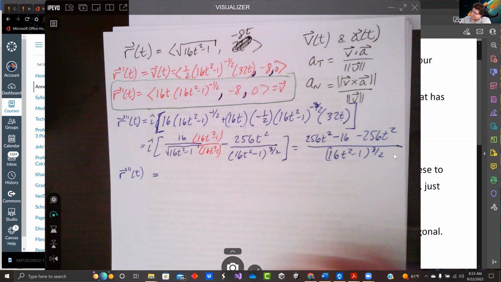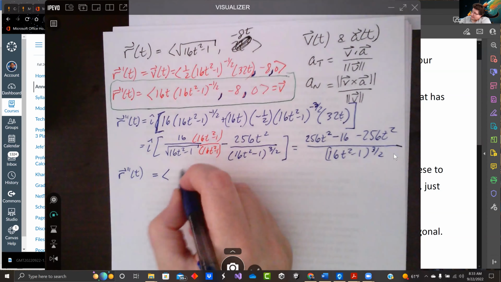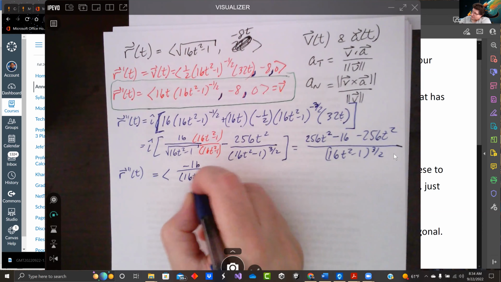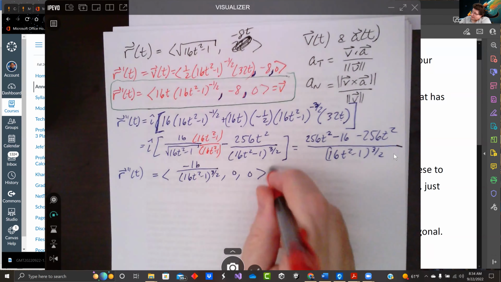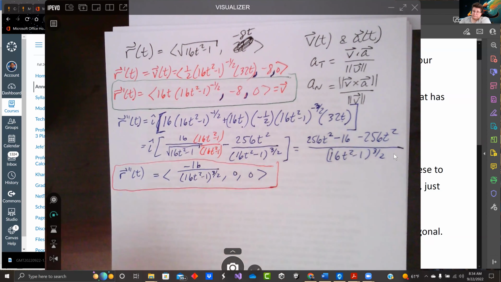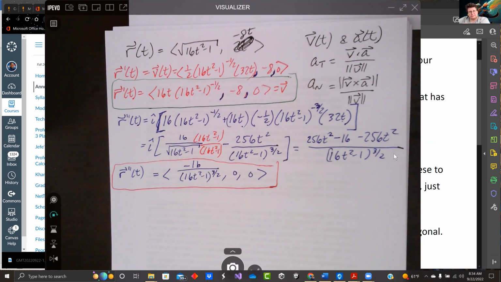R prime, or the second derivative, just cleans up to, that was the i component, negative 16 over 16t squared minus 1 to the 3/2, comma 0, comma 0. That's my R double prime. And that's A.